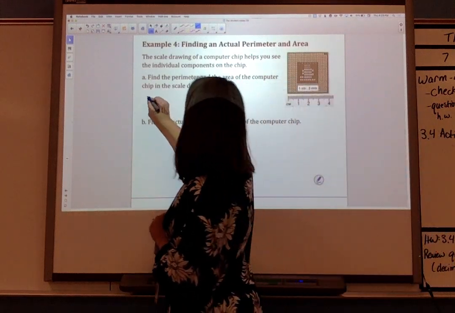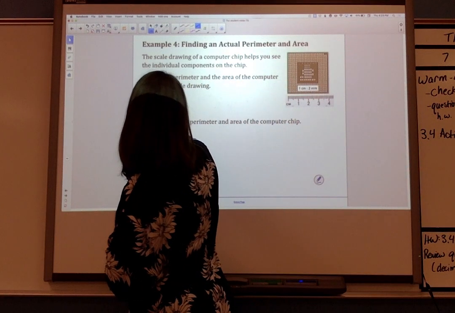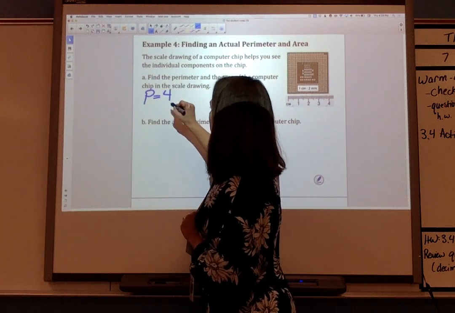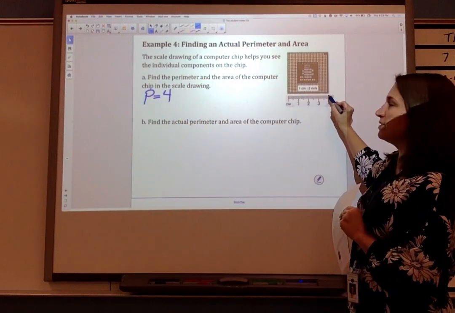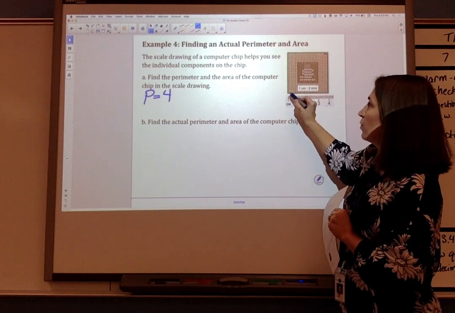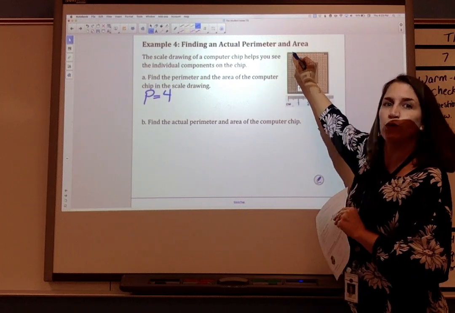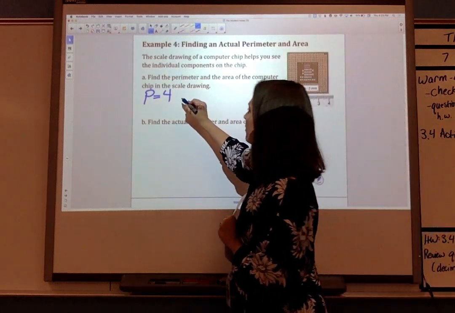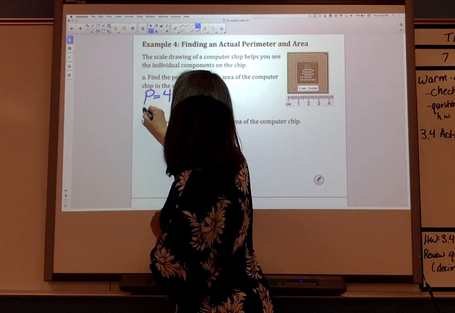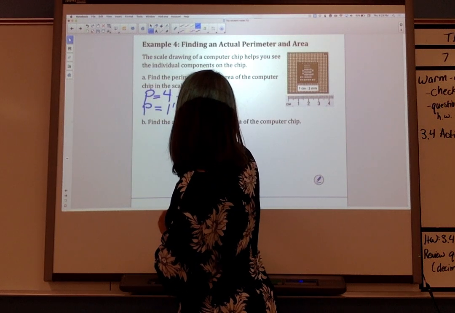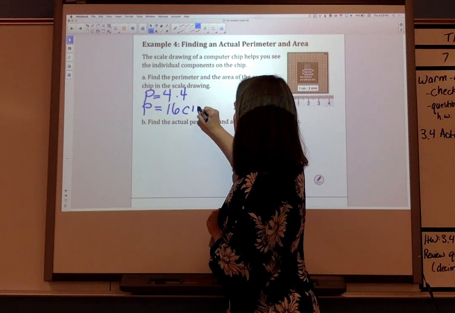So the perimeter on the drawing is 4 centimeters times 4 sides. 4 plus 4 plus 4 plus 4, or 4 times 4. So the perimeter equals 16 centimeters.